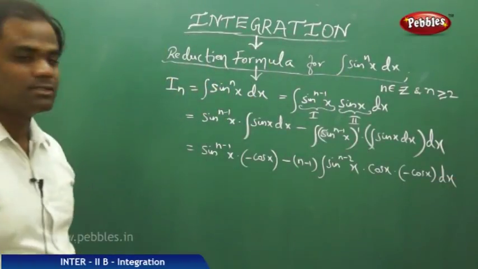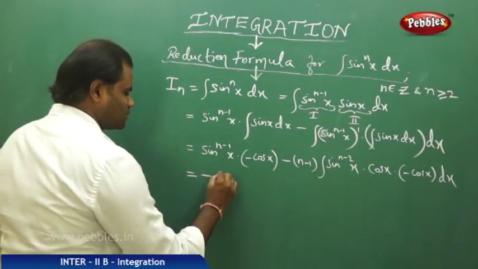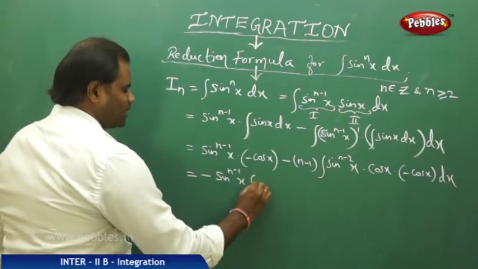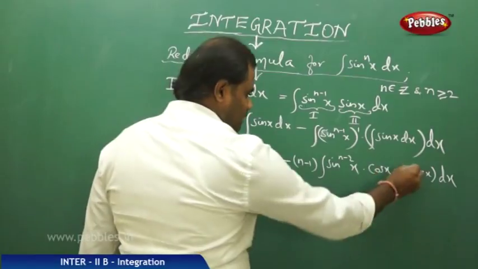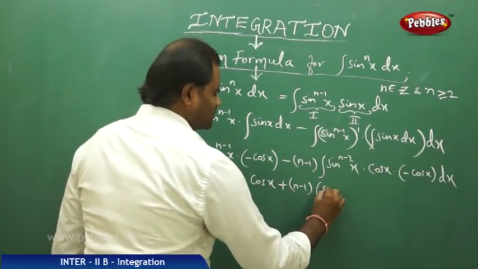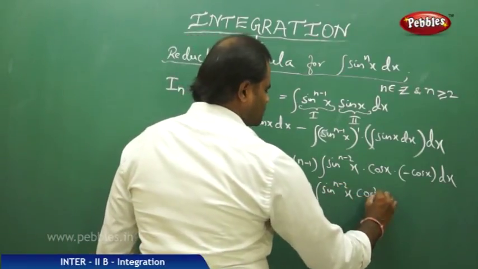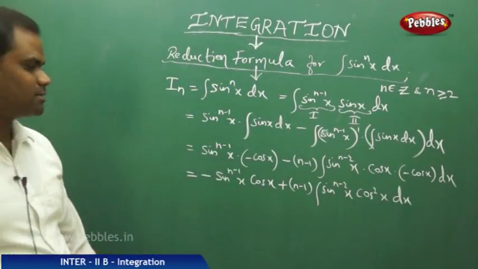This is how it is further simplified, and then rearranging, minus sine power n minus 1 x cos x, and minus into minus, which is plus, n minus 1 integral cos squared x sine power n minus 2 x dx is what we get when simplified.